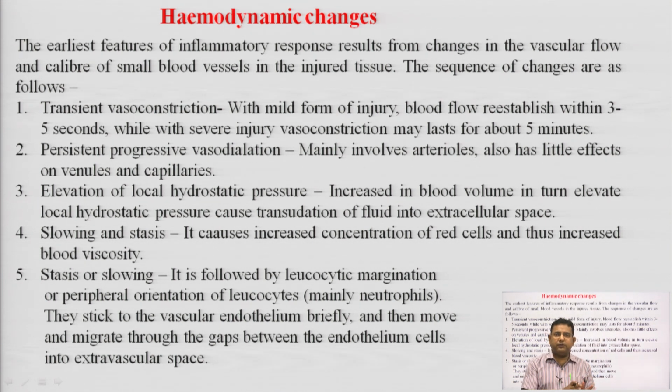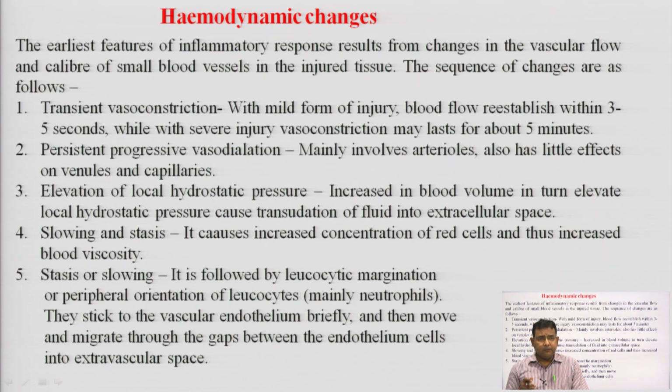First it was vasoconstriction, now the dilation will start. It mainly involves arterioles, and also has little effect on venules and capillaries. So, mainly arterioles are affected, but it also has effects on venules and capillaries.